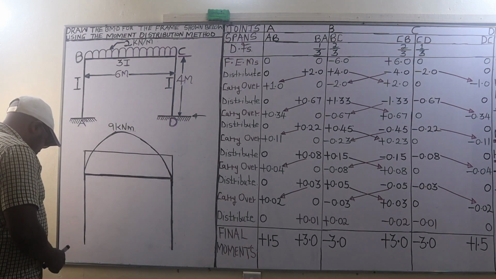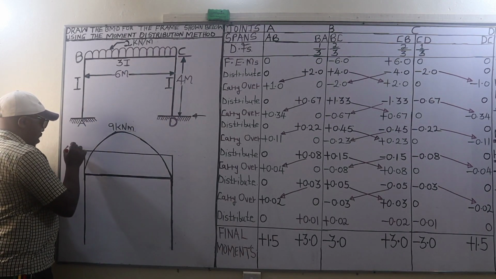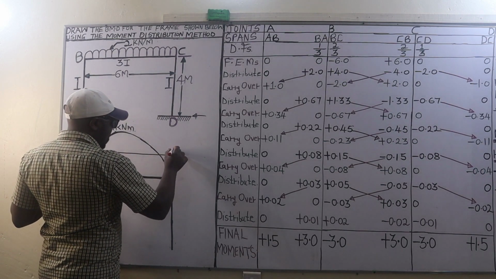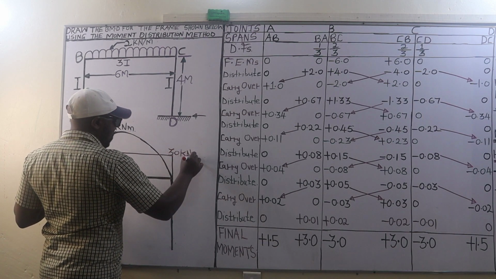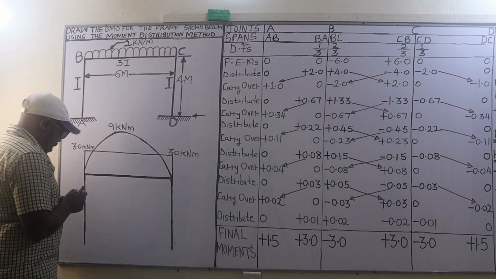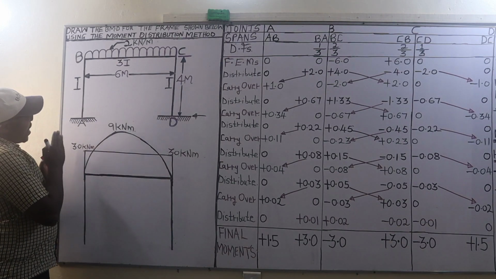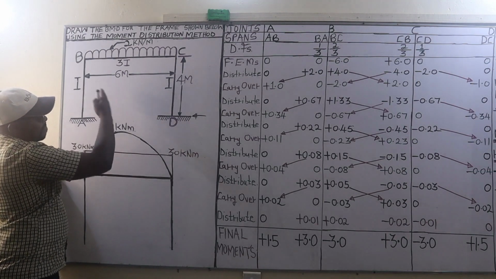And this is going to be 3.0 kilonewton meters, as well as the moment at C, 3.0 kilonewton meters. Then on member BC, negative 3, and on member CB, positive 3.